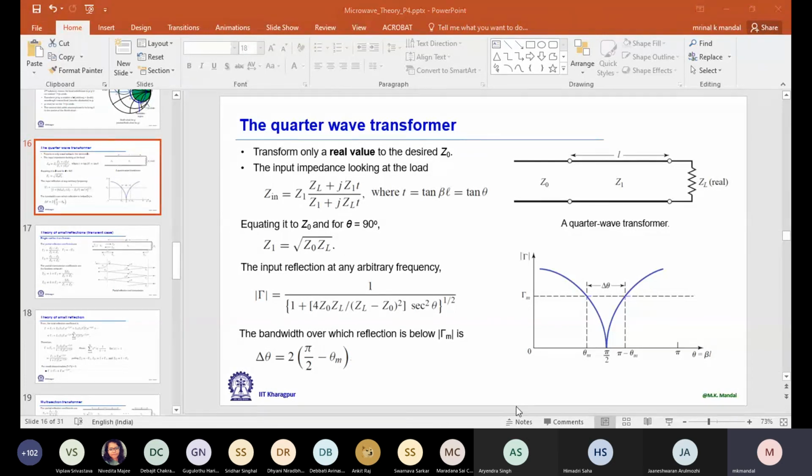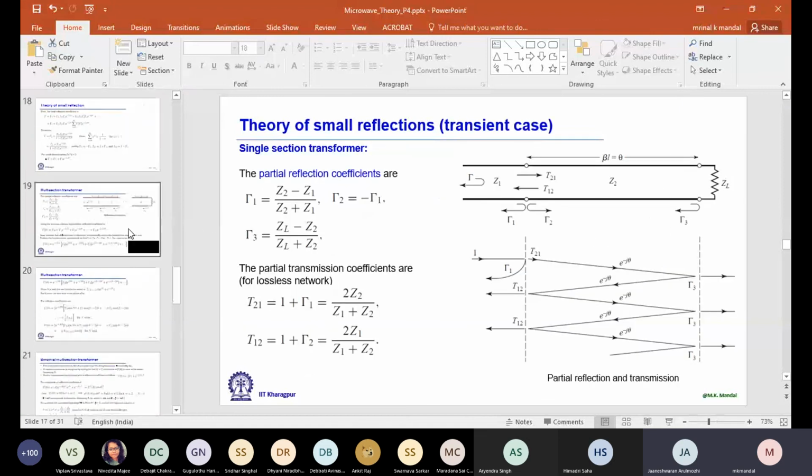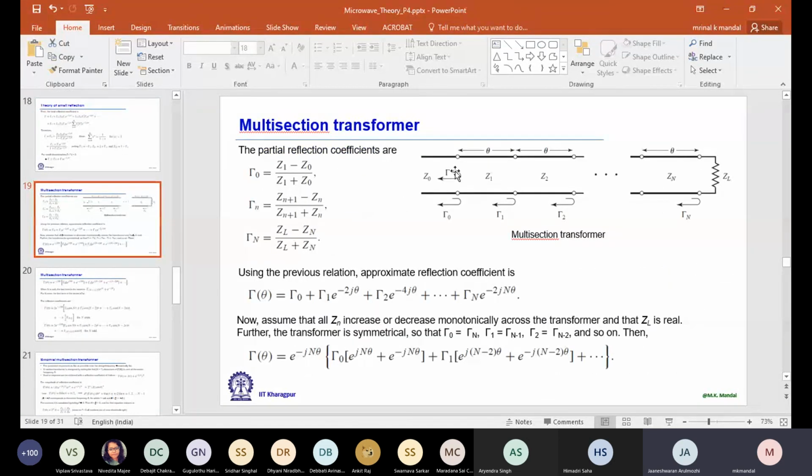Any other question? Sir, when we move from one Z0 to Z1 in a multi-section transformer line, there are certain discontinuities, right? Wouldn't that cause radiation or surface wave excitations?